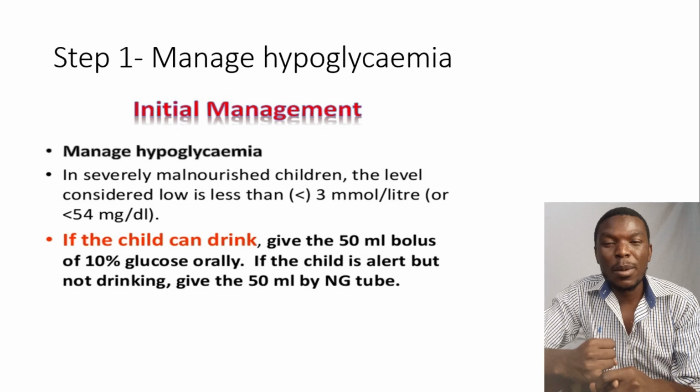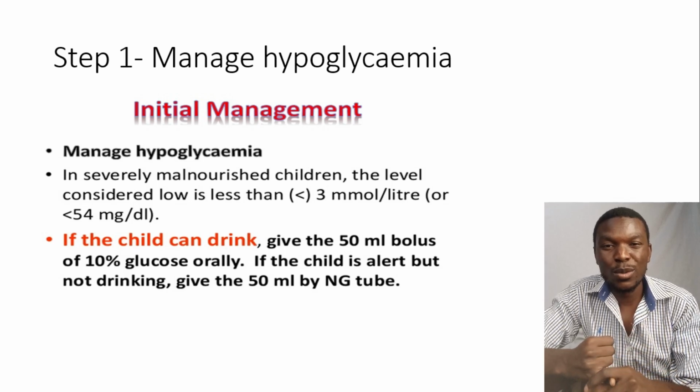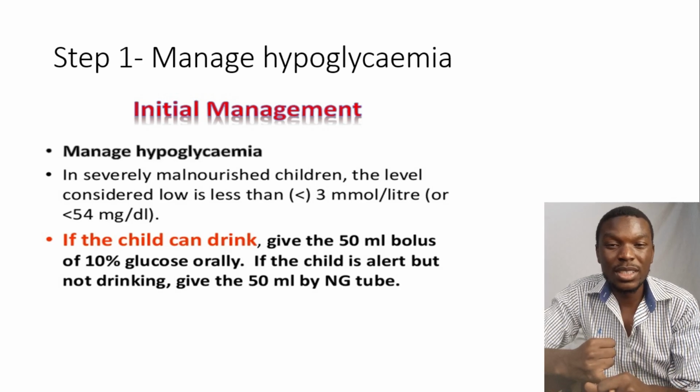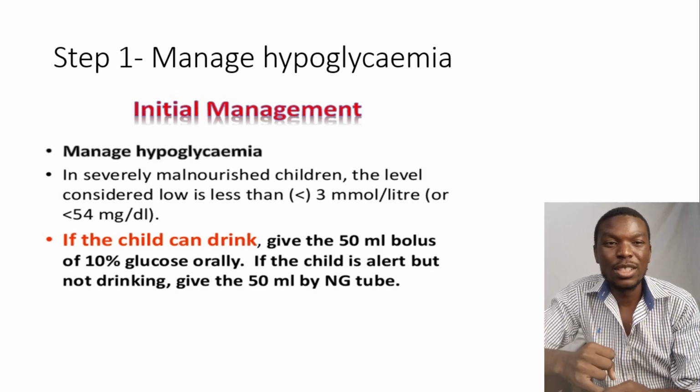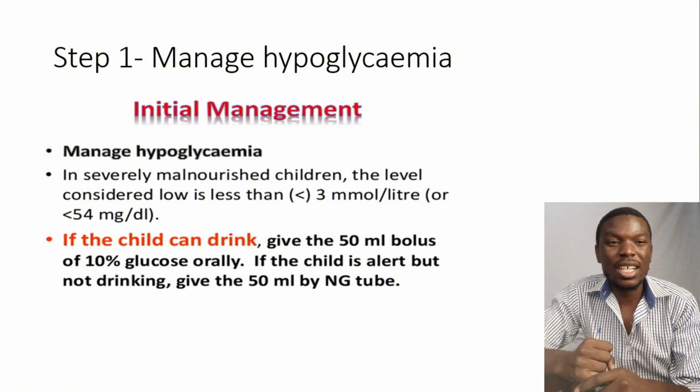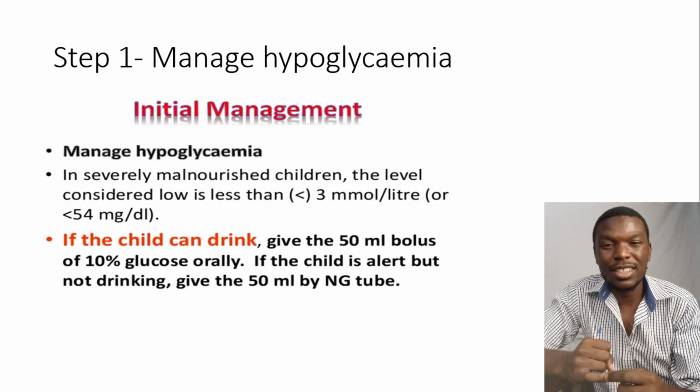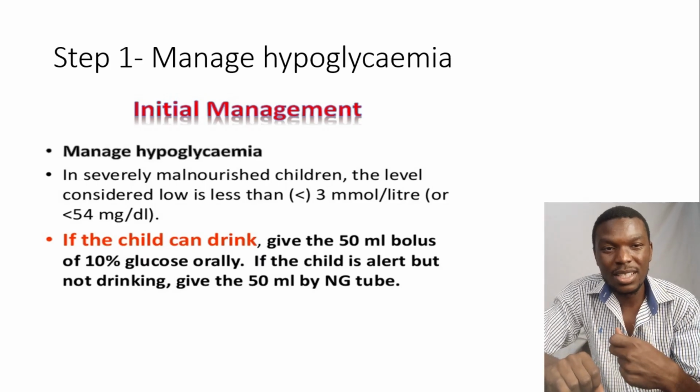Remember that we discussed in the previous video ways in which we can administer or give food to these children. We talked about the nasogastric tube. So this is where it also comes in. The child is alert but is not able to drink, so we insert the NG tube. Then we feed.